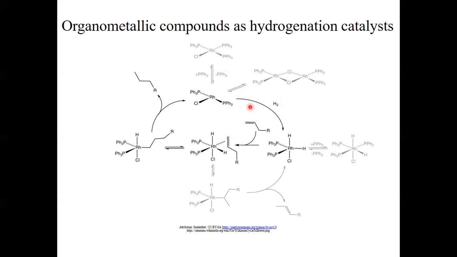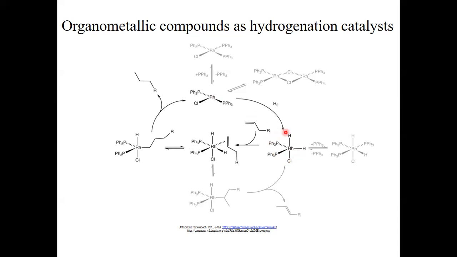So we add the hydrogen, we make here a dihydride, and that happens under the oxidation of the rhodium because the two hydrido ligands formed are anionic. So the oxidation number of the rhodium must increase. So we also increase the coordination number, in this case from 3 to 5.